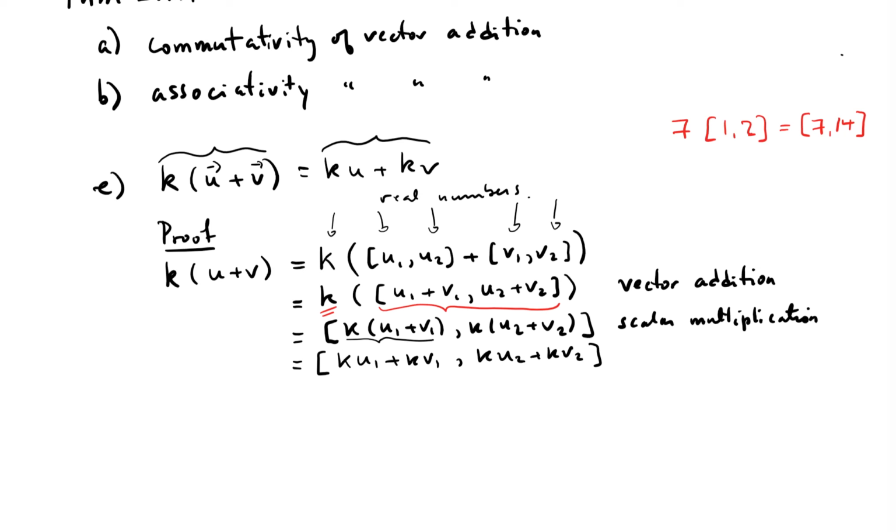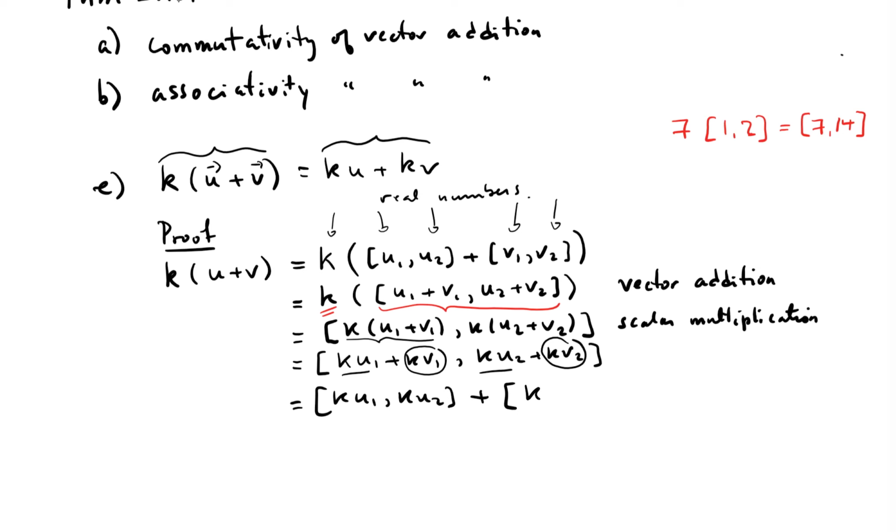And finally I will split this up. You see this here, I have two numbers each time that are added up, so I can split this vector into the sum of two vectors, like this.